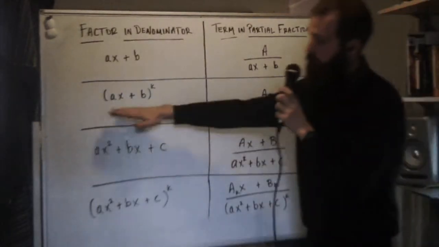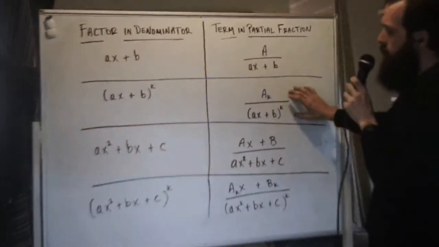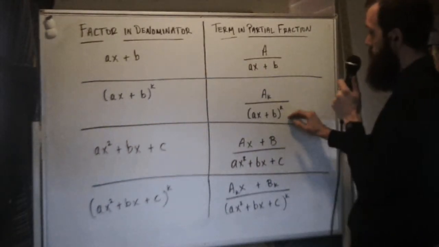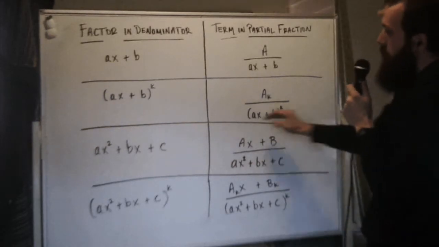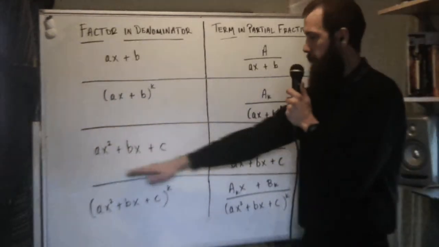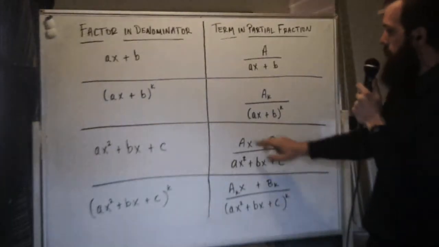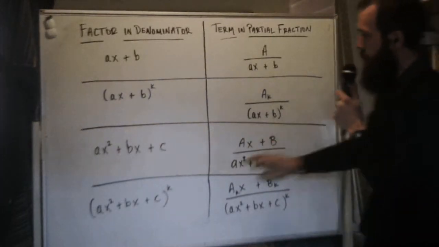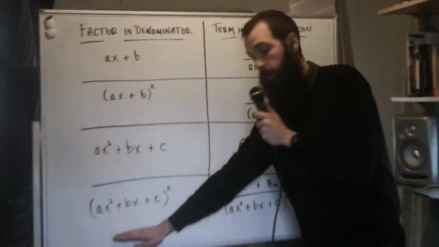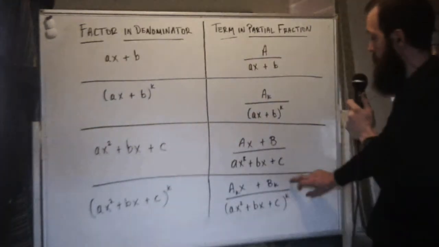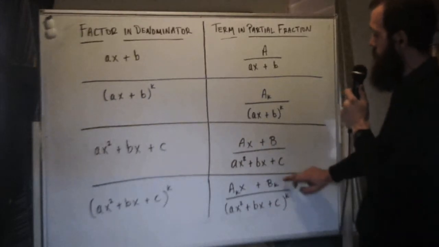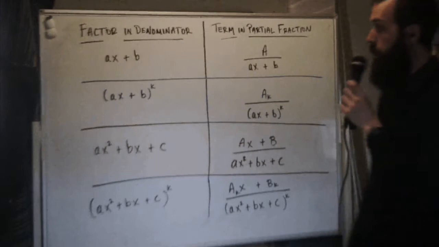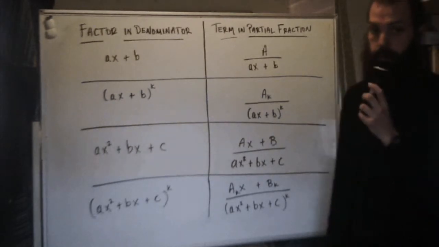If we have repeating linear factors, we need a distinct variable over each occurrence of the linear factor. With quadratic factors in the denominator, we just need to add that x variable to our numerator. And if the quadratic repeats, again, we need a distinct numerator for each occurrence of the quadratic factor.